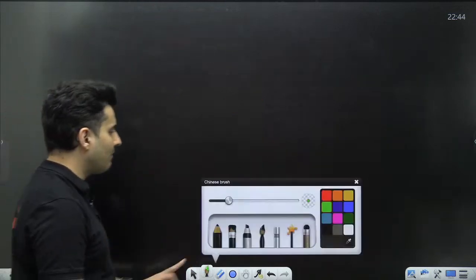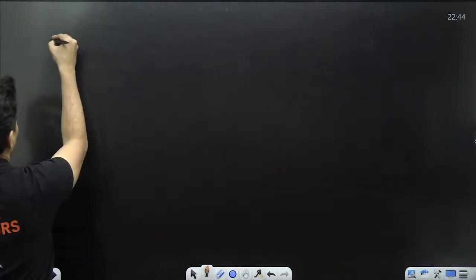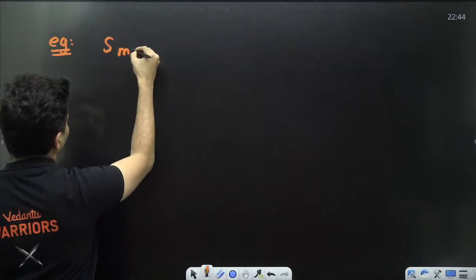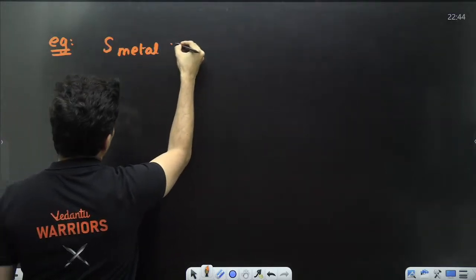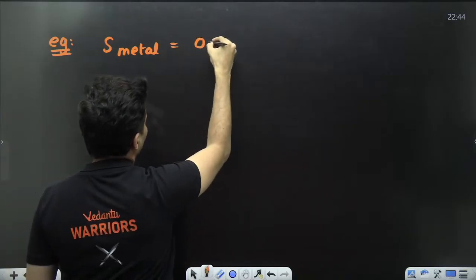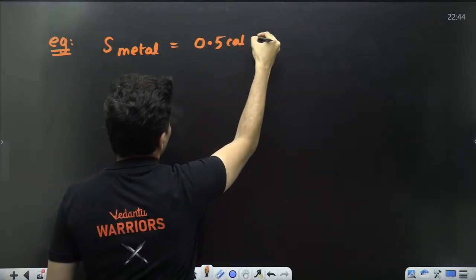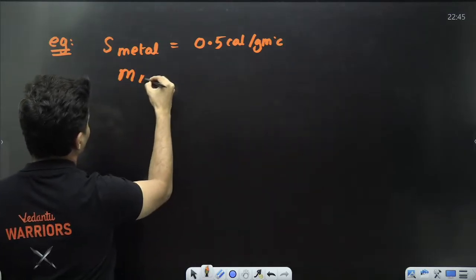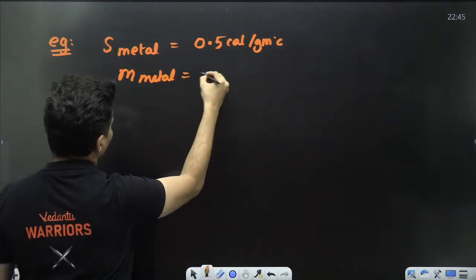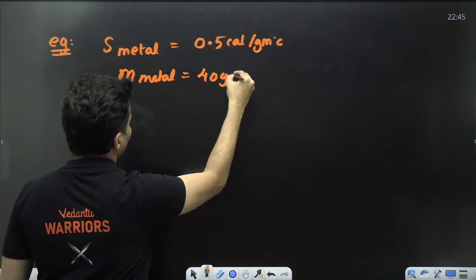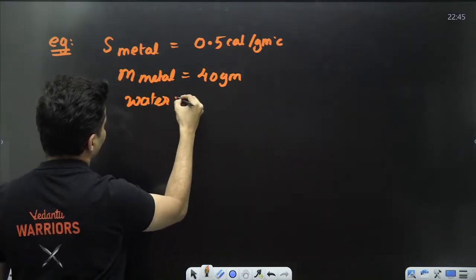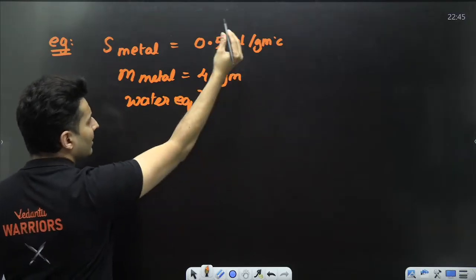Say, for example, there was a question saying the specific heat capacity of a metal is 0.5 calories per gram degree centigrade. Mass of that metal is 40 grams. Find the water equivalent, in grams only.